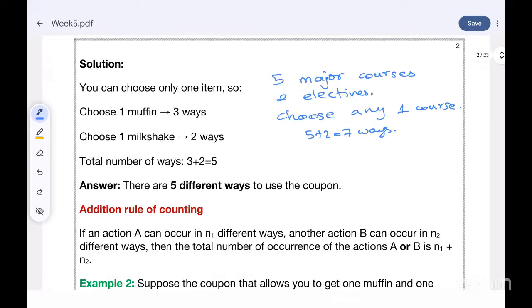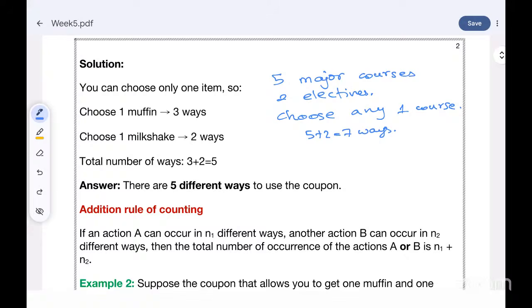So in this kind of question, you are given different groups, but out of all the groups, you are asked to choose only one. For this, there is a basic addition rule of counting. If an action A can occur in n1 different ways, and another action B can occur in n2 different ways, then the total number of occurrences of the actions A or B is n1 plus n2.